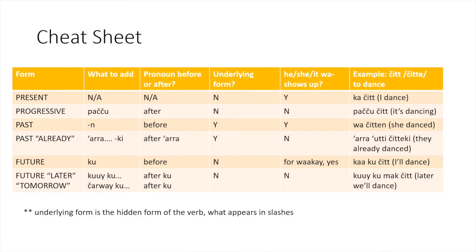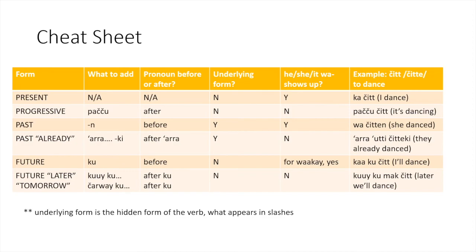Sometimes I think you remember for things like pačču, which is like if you want to say he's learning, pačču urus, you do not put wa. And so the last column I put an example with cheat, to dance, which has a hidden vowel of e, chite. So present tense, you don't need to add anything. So all you have to do is just add the pronoun before the verb.